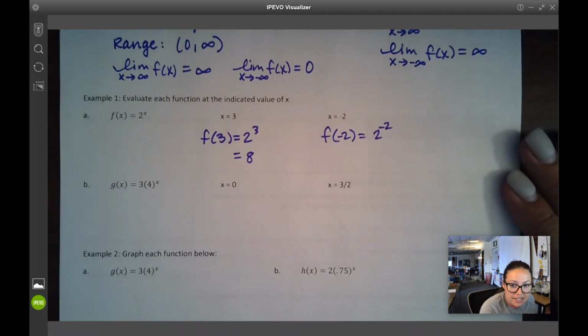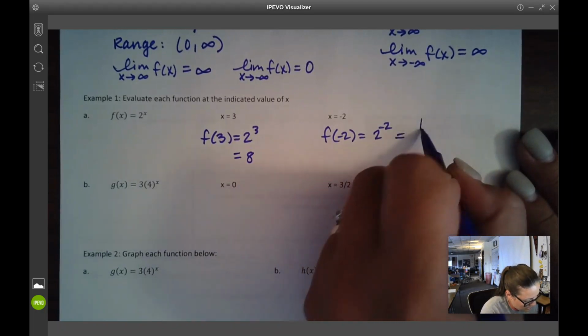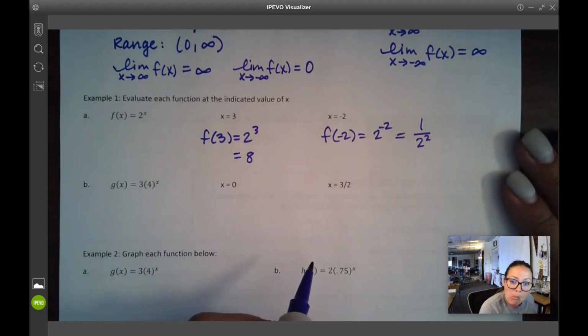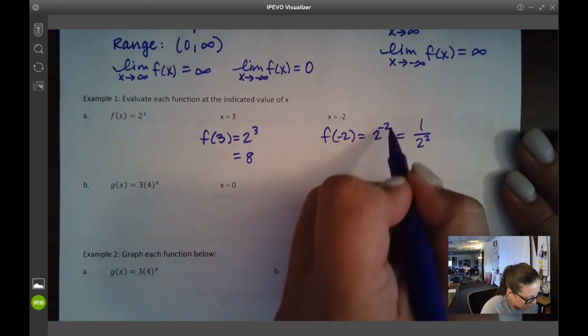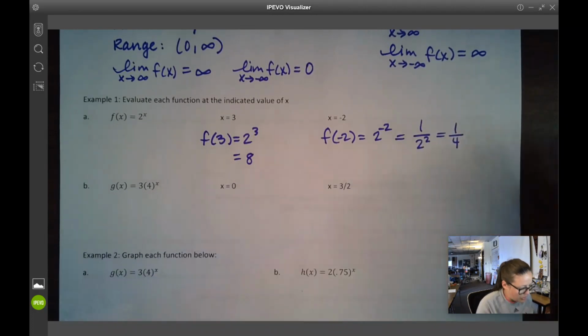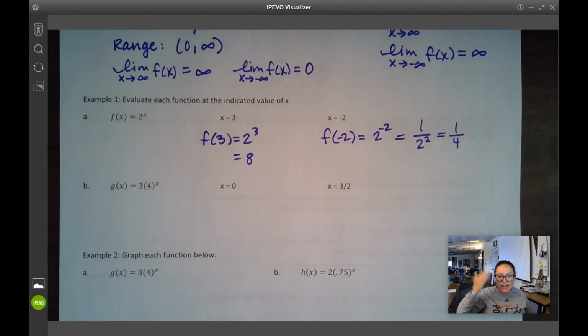We just talked about this not too long ago. If I have a negative exponent, that means I flip the fraction, right? And this is not going to be a negative answer. It's just going to be a smaller answer. So, what if x is negative 3, right? That doesn't make it negative. It just makes it smaller. That's why it gets closer and closer to 0.